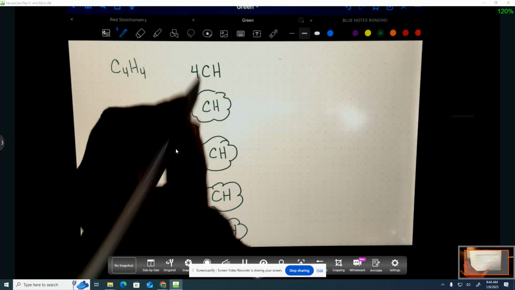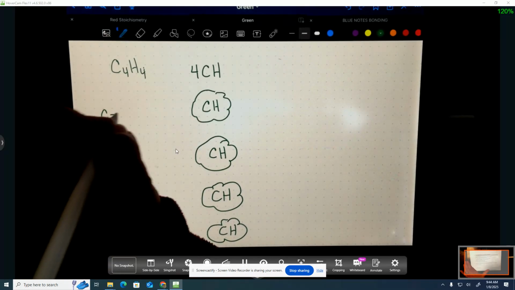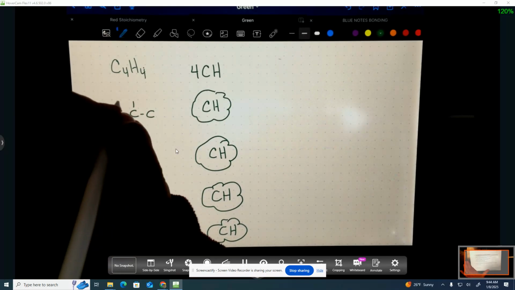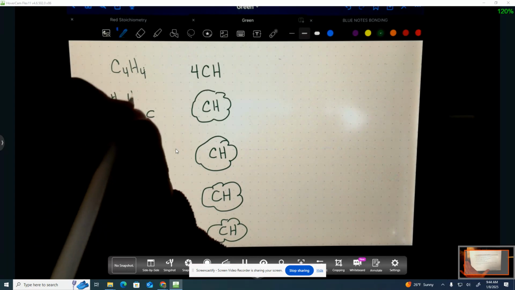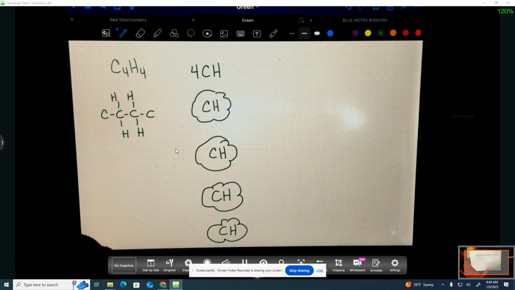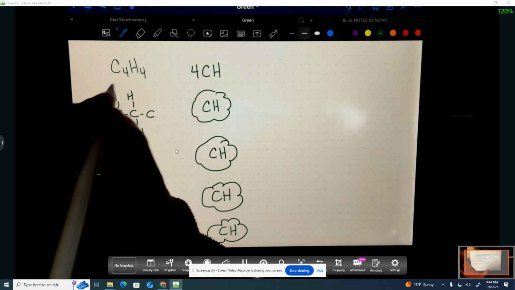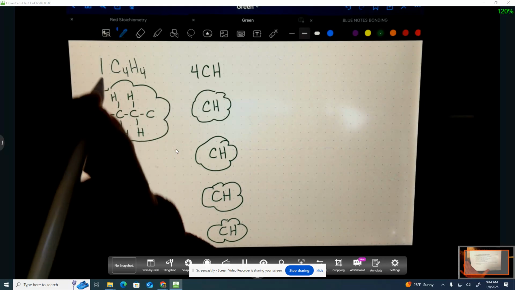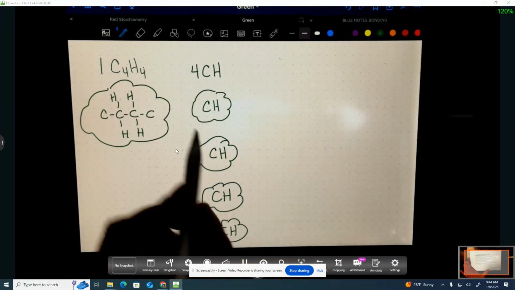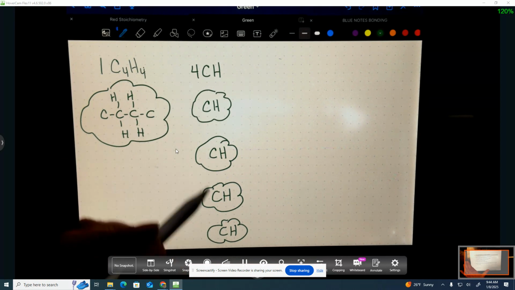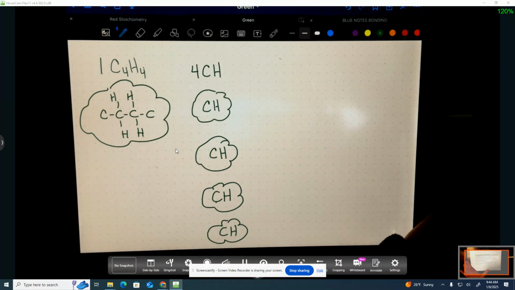It's 4 groups of CH, whereas this one is C4H4, 1 group of C4H4. And this is 4 groups of CH. See the difference? Is that what you were going to say, Charlie? Good. Nora, you see the difference?